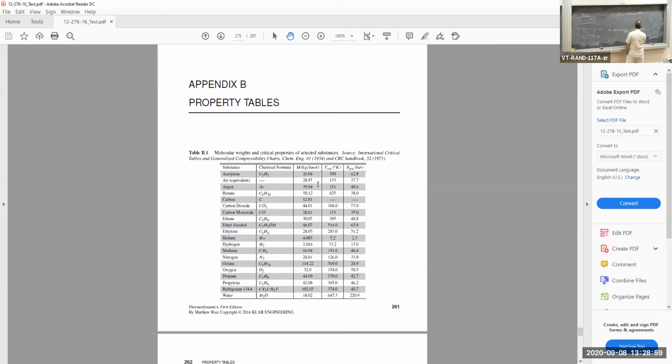So this is 8.314 kilojoule per kilomole Kelvin divided by 28.97 kilograms per kilomole.